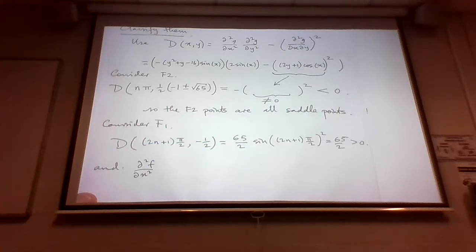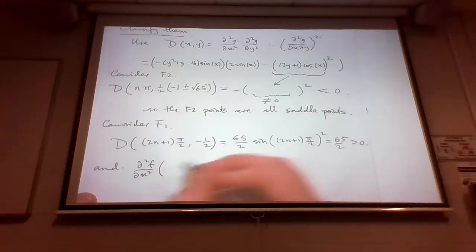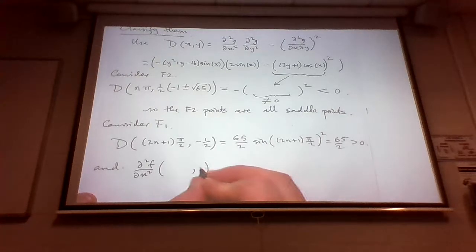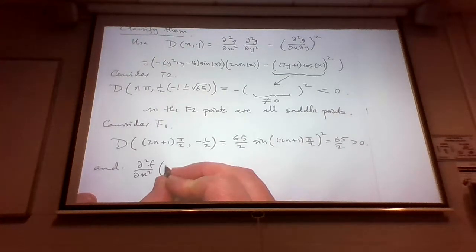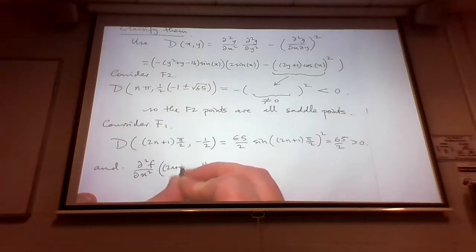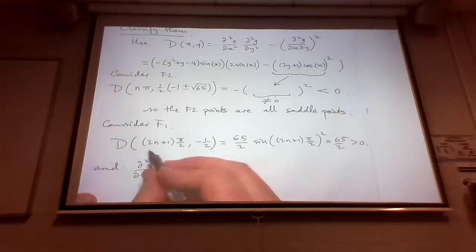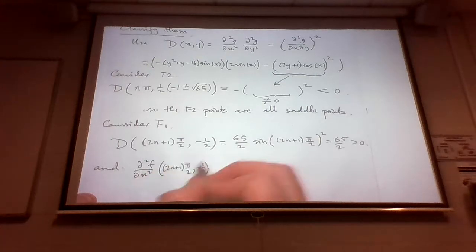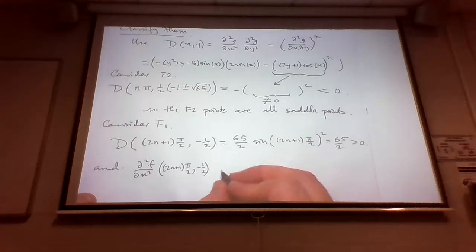Okay. So when you evaluate this at this point, so take the same point here, the stationary point, and evaluate it here, you get 65 over 4.